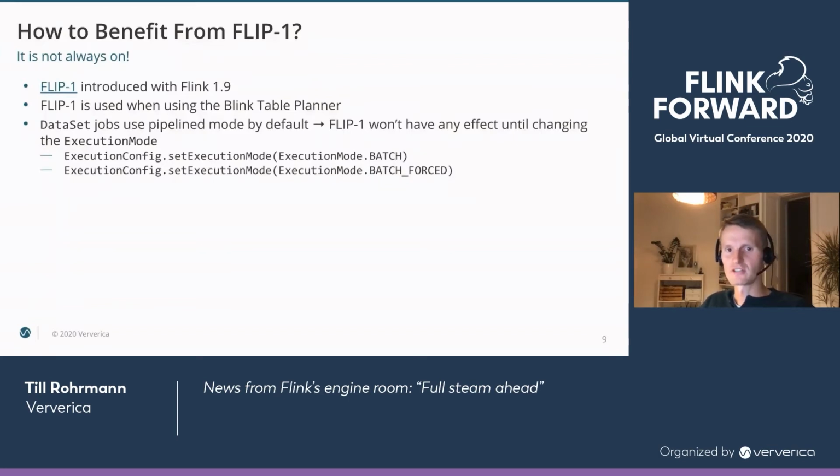config to either BATCH, which means that the shuffles in your topology will be executed with the blocking data exchange, like a pipeline breaker, or you have to use the execution mode BATCH_FORCED, which means that every connection is actually using a blocking data exchange.